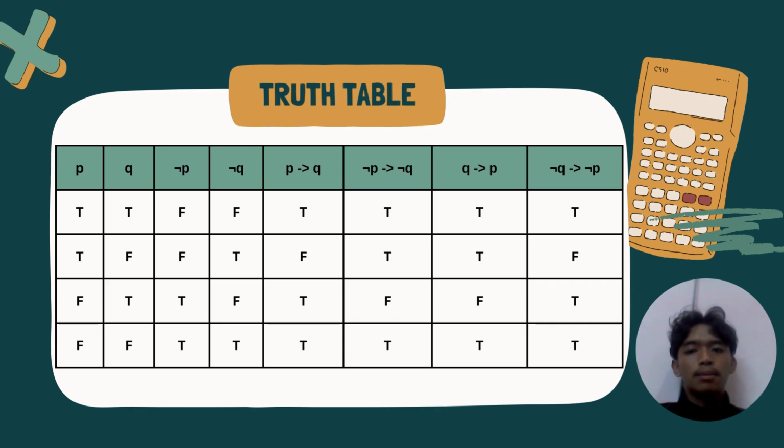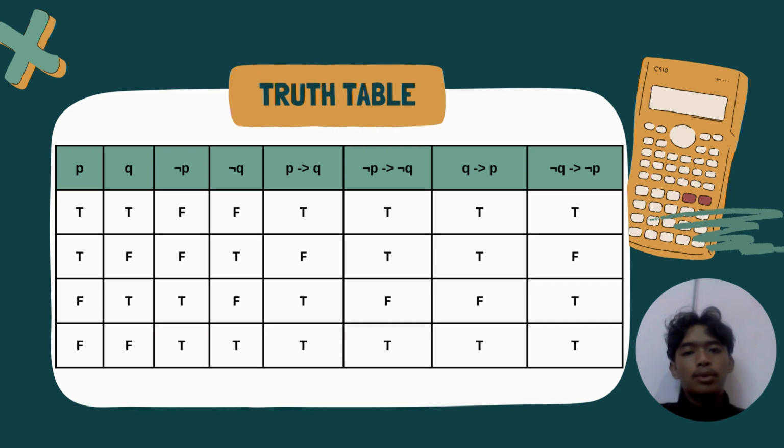This is the truth table that shows that converse, inverse, conditional, and contrapositive are related. By using the formulas that we know, we will find P implication Q, negation P implication negation Q, Q implication P, and negation Q implication negation P. As the table shows, P implication Q is the conditional.